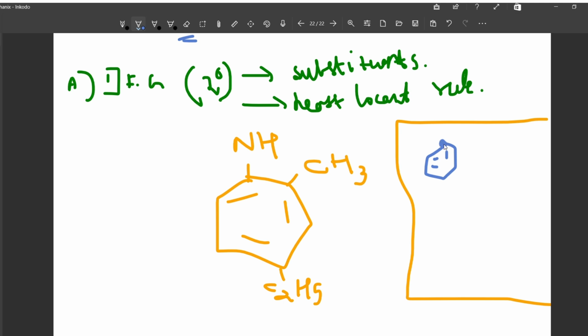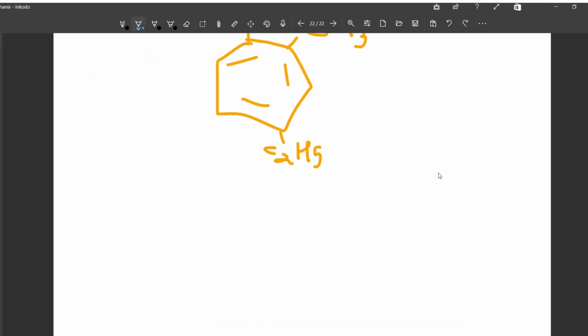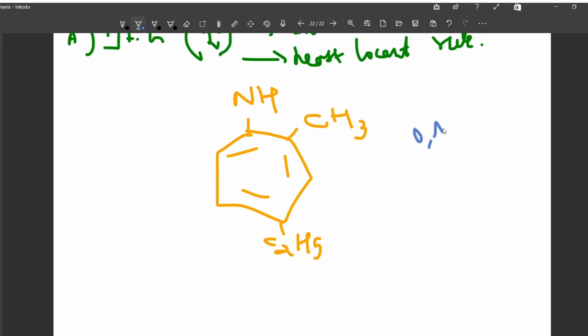This position is named as ortho, denoted by O. This particular position is named as meta, denoted as M, and this particular position is para, denoted by P. And why I'm saying this is because we can actually name this compound, if not IUPAC, in a different form using our ortho, meta, and para positions. That's O, M and P respectively.